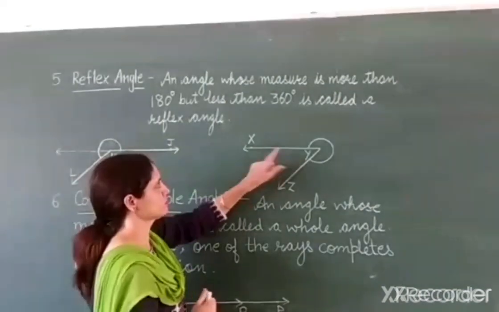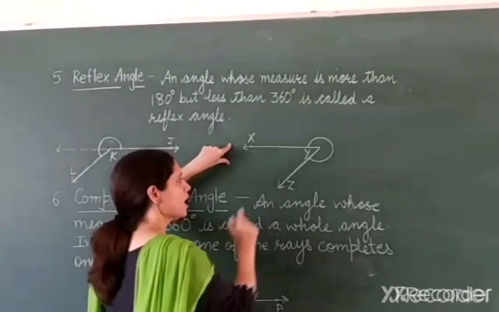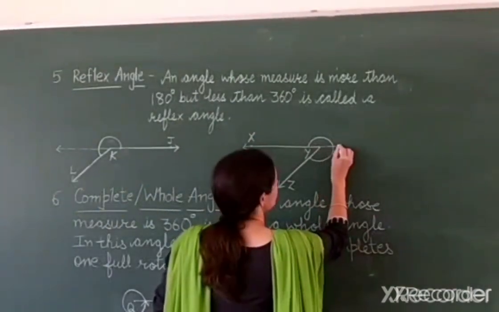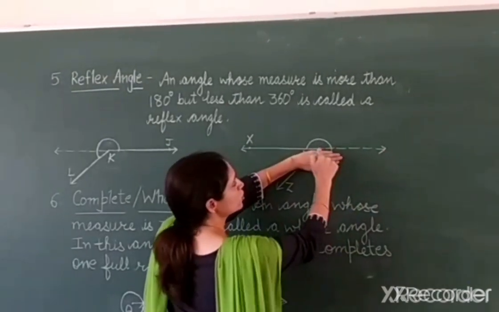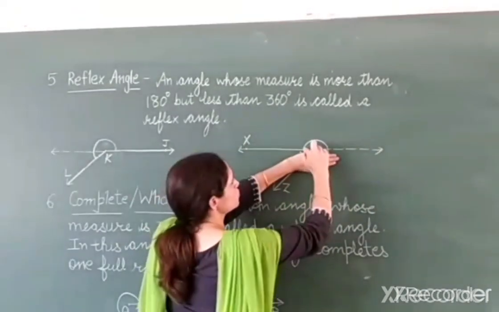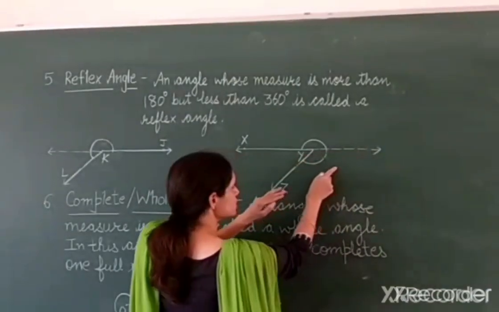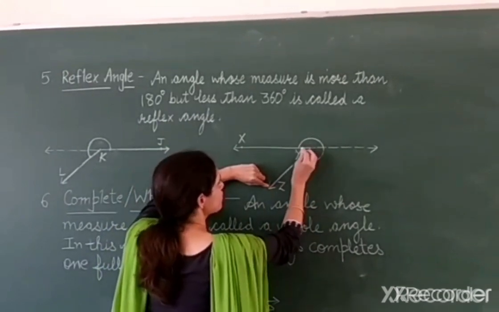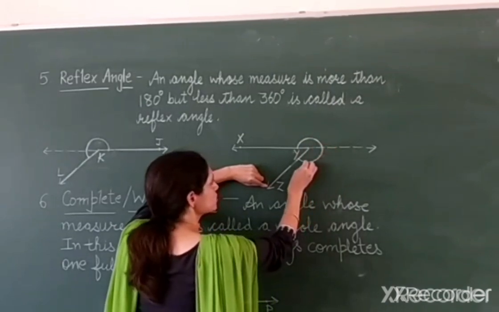Now see in the next figure, there is a ray YX, another ray is YZ. First with the dotted ray I will make an angle of 180 degree. There is one ray, there is another ray opposite to each other. This forms an angle of 180 degree. When this ray moves away from this ray and reaches this point, a reflex angle will be formed from this point to this point.